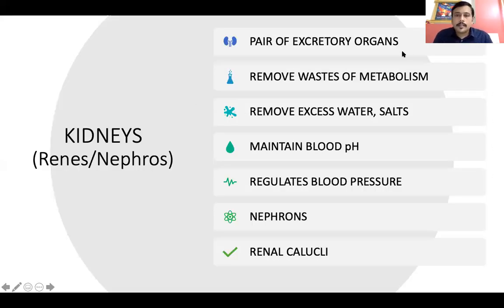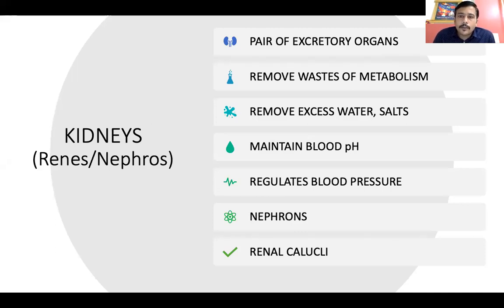The kidneys are a pair of excretory organs. The adjectives we usually use for the kidneys are renal or renes, or nephro, which comes from the main structural and functional unit, the nephron.